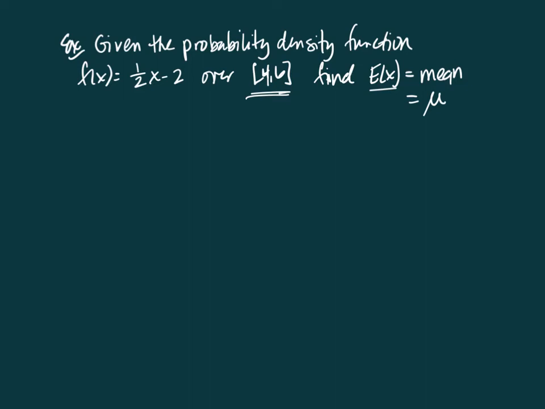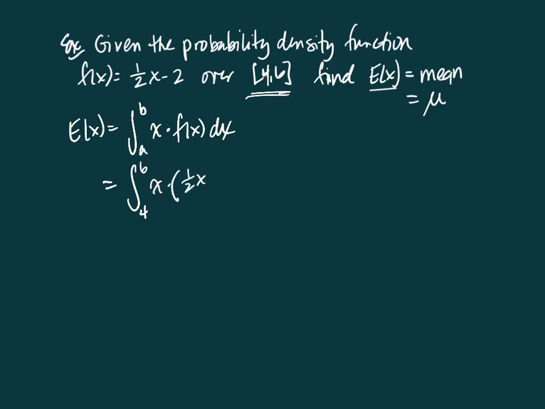And so we said in the previous page, the way that we do this is we take the interval and we take x times the probability density function. We compute that definite integral. And so in this case, a is 4, b is 6, and then x times 1/2 x minus 2 dx.